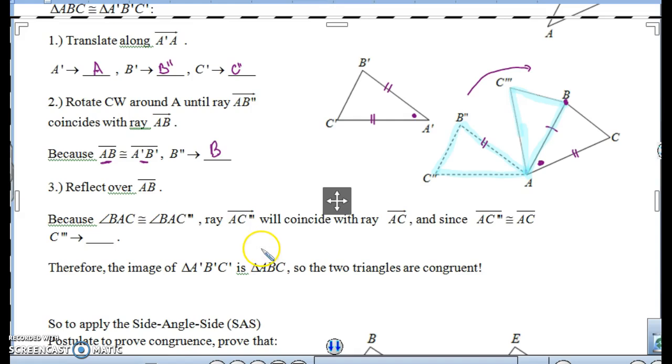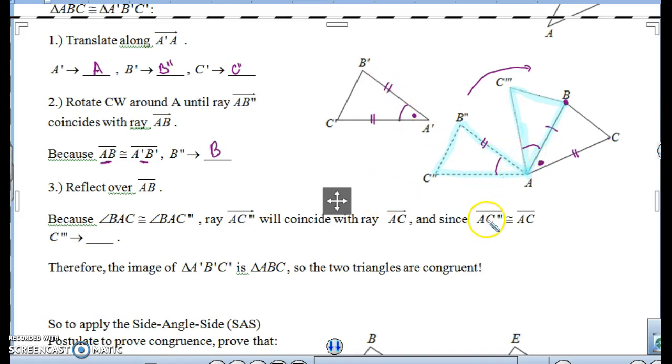Now what we have to do is get C double prime, triple prime to correspond to C. Well, if we flip this over, reflect it over AB, won't C prime correspond with C? Yes, it will. Remember, the angles BAC and B prime, A prime, C prime didn't change.